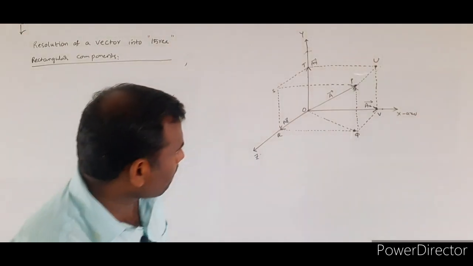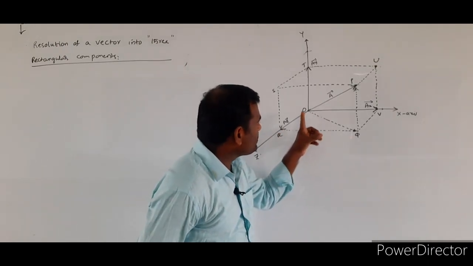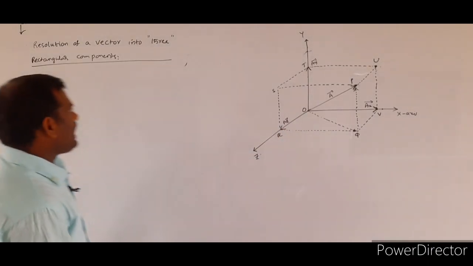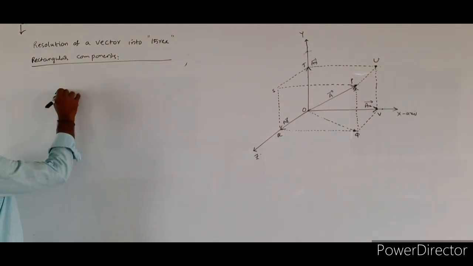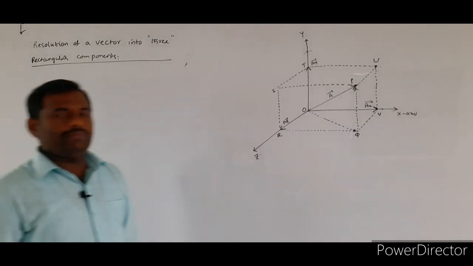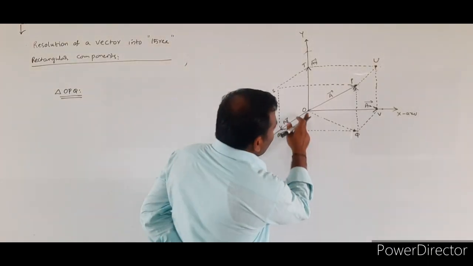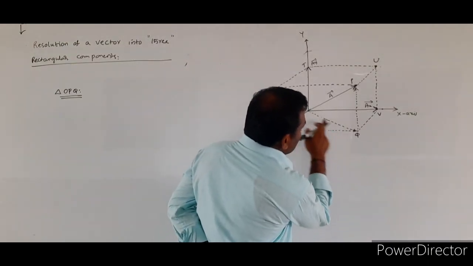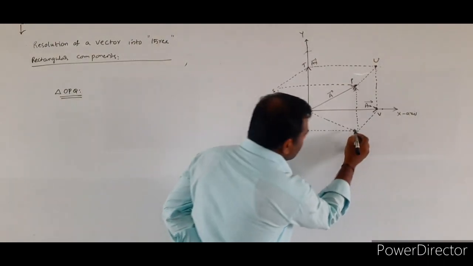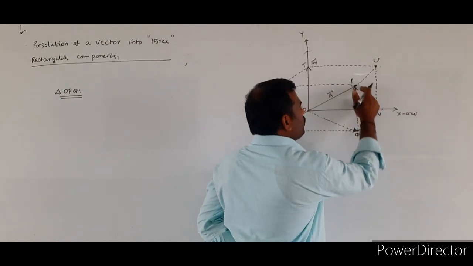So, here, which triangle do I consider? I am considering the triangle OPQ. If you observe the triangle OPQ, the first vector will be taken along OQ, and its head is joined with the vector QP bar.